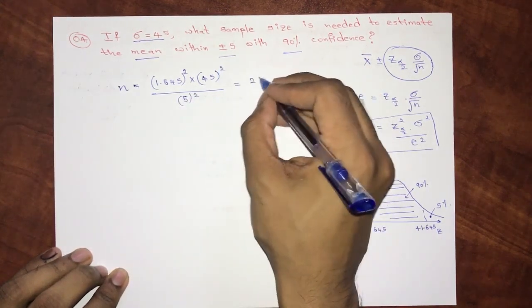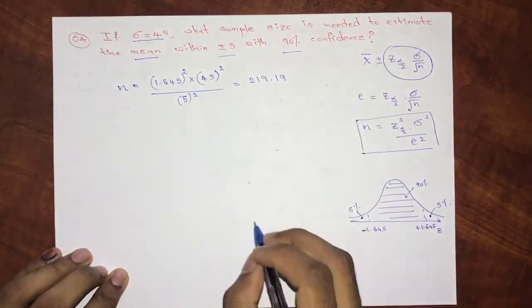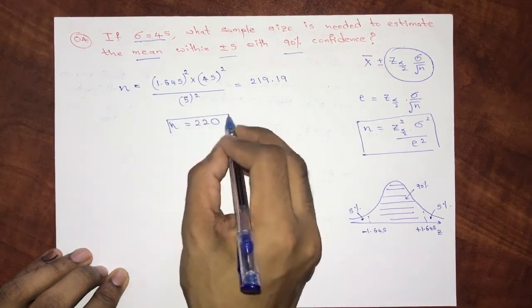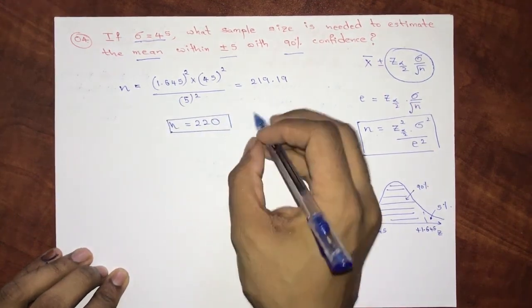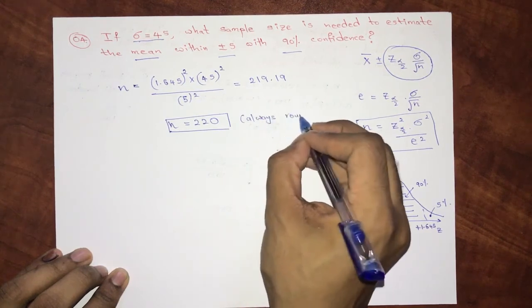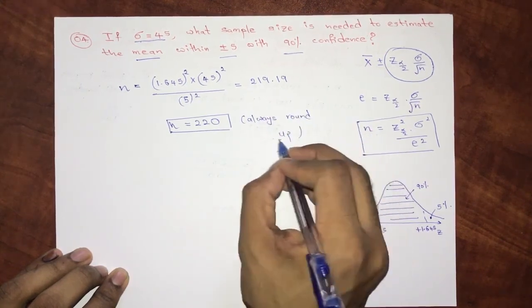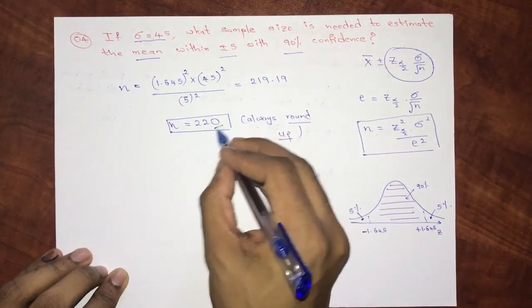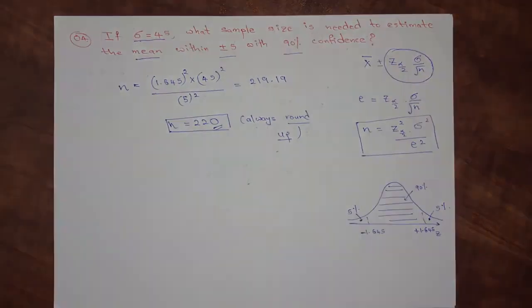This will give you an answer of 219.19. So the required sample size is 220. This is the answer. You always have to keep in mind that you always round up. So you get 219.19, you round it up, and that's how you get 220.